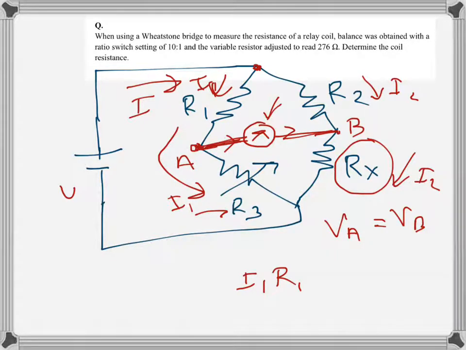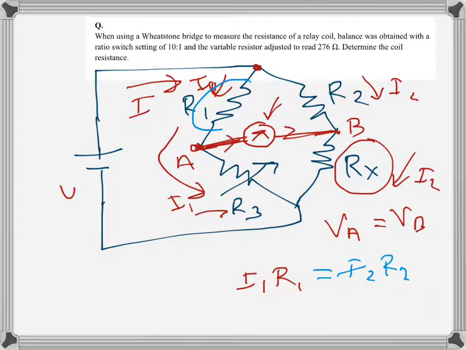Maybe this is getting clumsy, so I will use a different color. So the voltage drop across here is I1 R1, and that will be equal to I2 R2, because the voltages at VA and VB are the same.